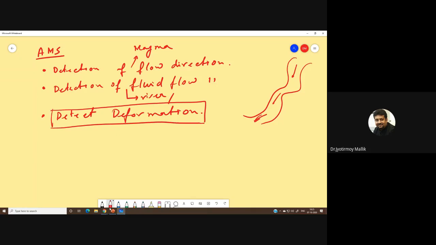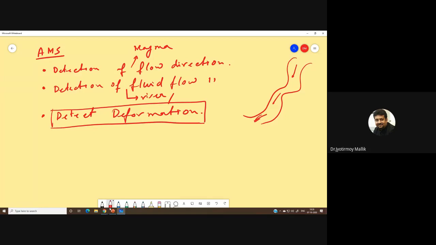But for the time being, I hope you can appreciate how magma flow is detected and how, for example, sedimentary flows are detected through the anisotropy of magnetic susceptibility technique, where the susceptibility ellipsoid is used as a proxy for the shape anisotropy of the elongated mineral grain.